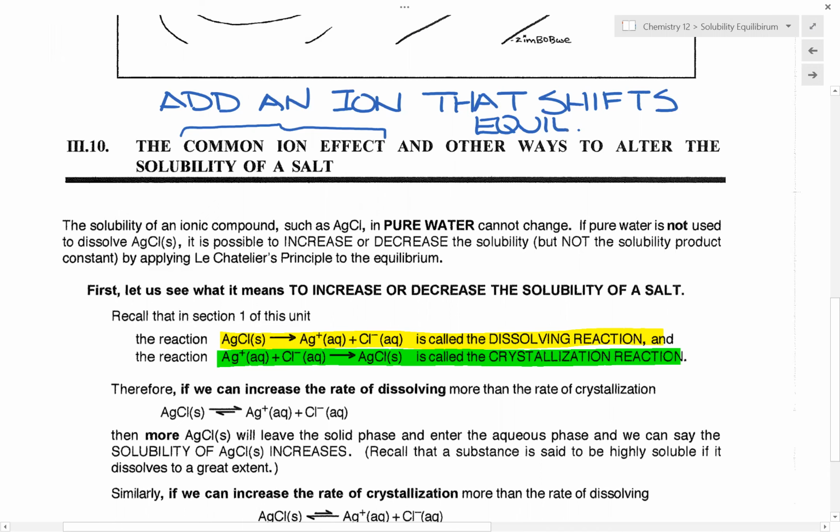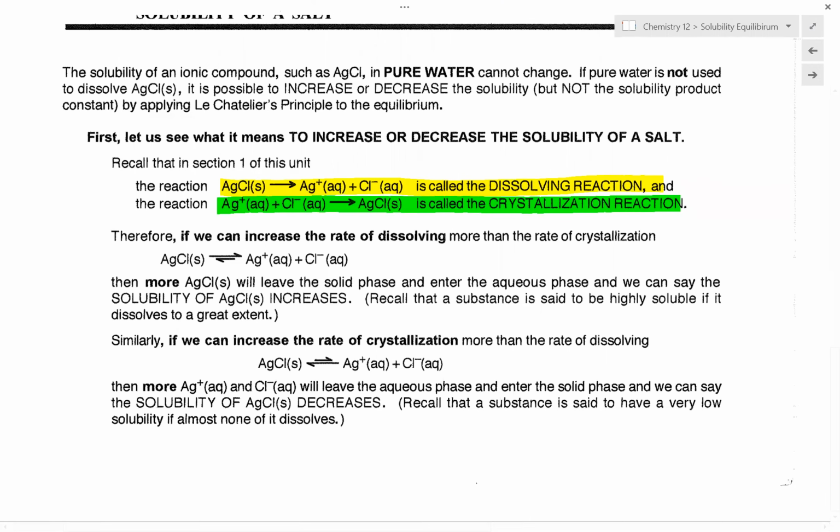So when you take a look down here, it says in the last couple of paragraphs, therefore, if we can increase the rate of dissolving, the solubility increases. If you increase the rate of dissolving, the solubility of the solid increases because you're producing more ions. If you are increasing the rate of crystallization, the solubility is decreasing.